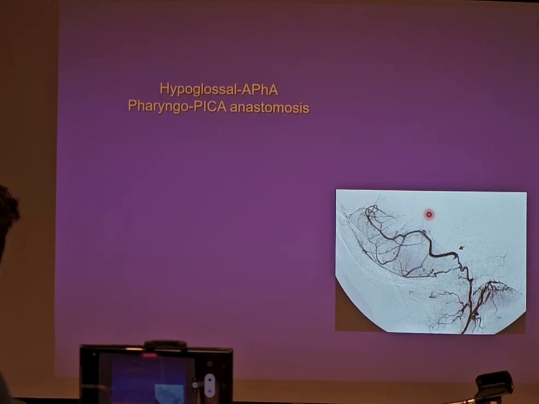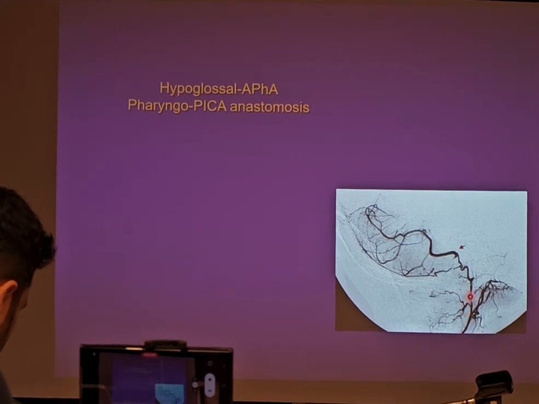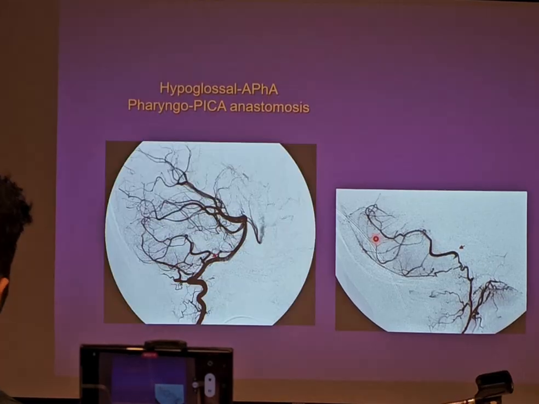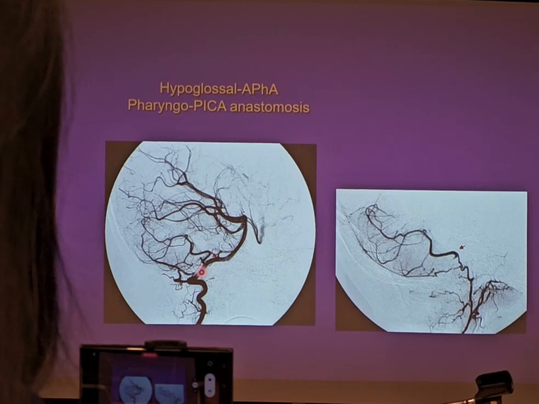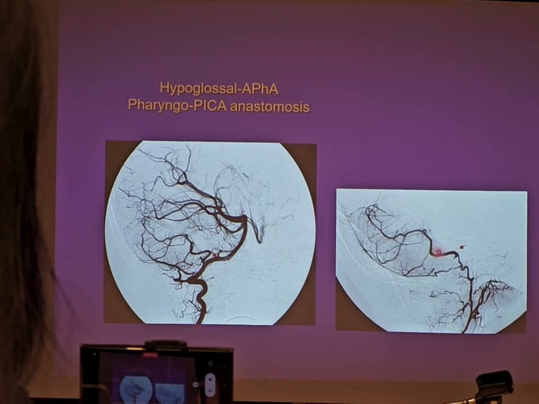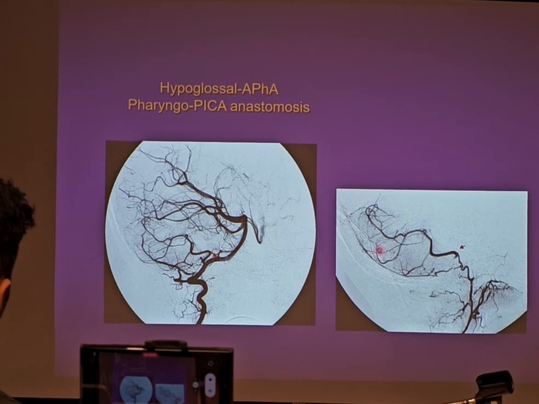Seeing this example, the pharyngeal branch and then the neuromeningeal trunk also anastomose to give rise to this PICA, and the regular vertebral injection also gives rise to PICA, so it's bidirectional supply to the PICA from both systems.